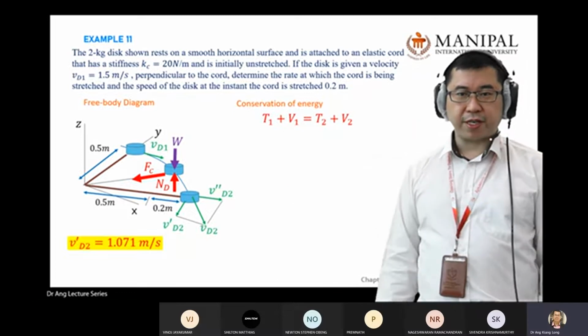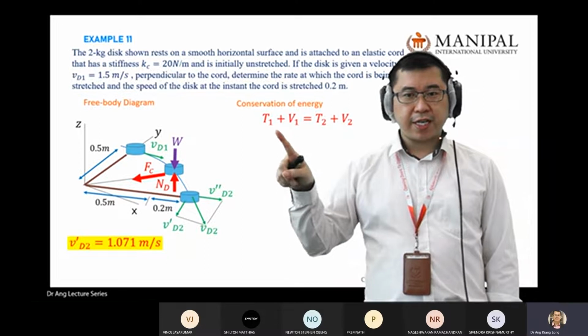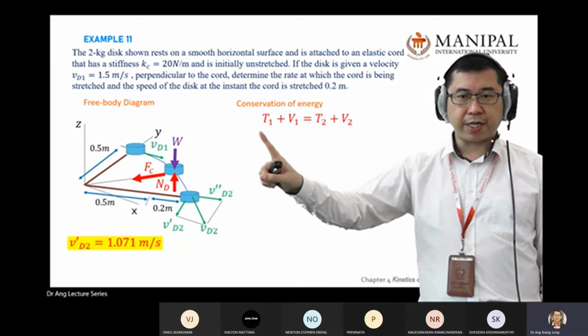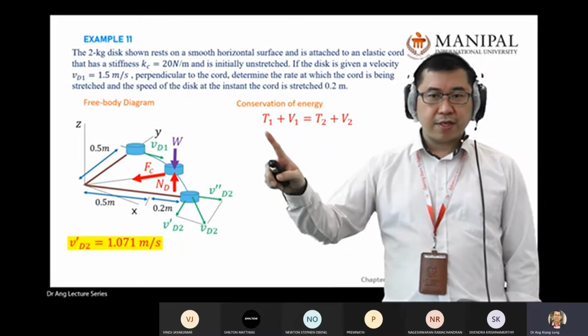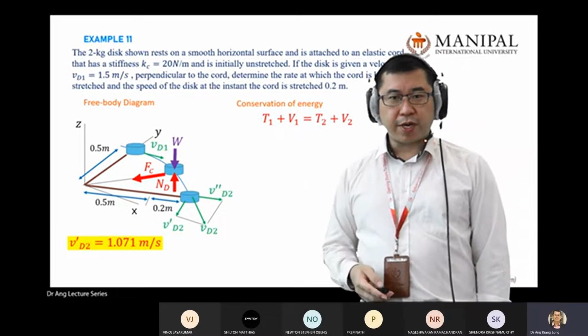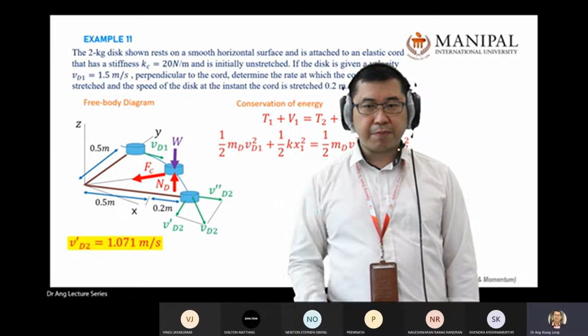That is the conservation of energy definition. In this module, we only have two kinds of energy, kinetic and potential. Kinetic plus potential before equals kinetic plus potential after. What is the equation of kinetic energy? Half m v squared. What is the potential energy? mgh.